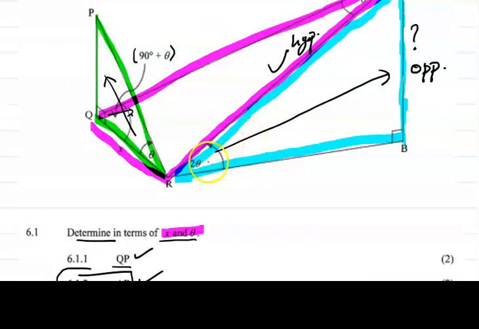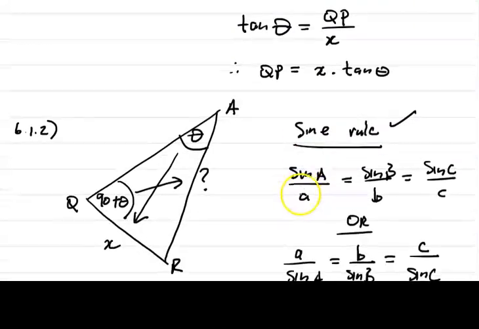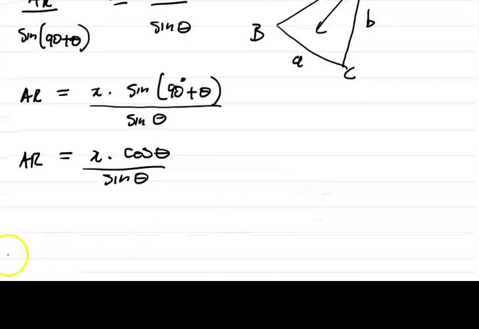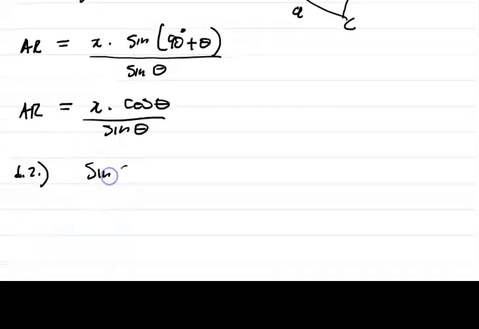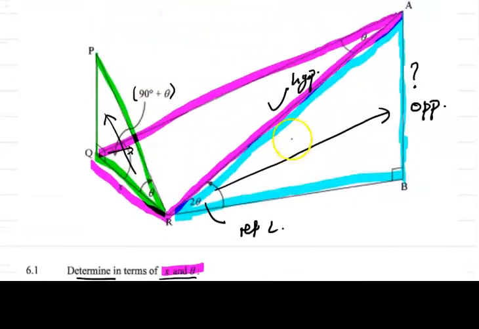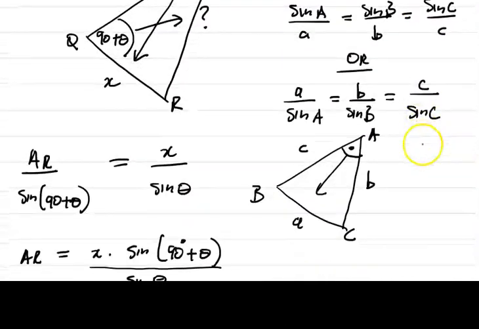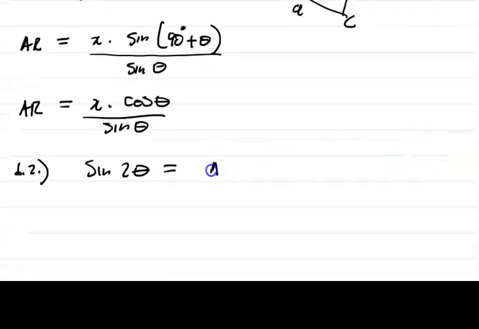So once again, we'll say sine of 2 theta because that's my reference angle. Sine of 2 theta. So 6.2, we'll say sine of 2 theta equals the opposite side, which is AB, all over AR, which is the hypotenuse.